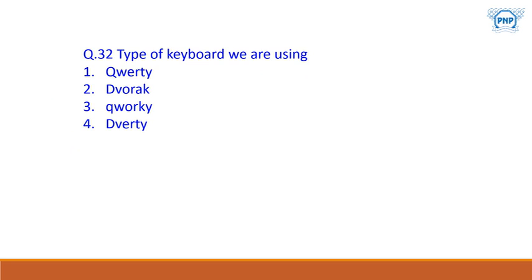Type of keyboard we are using. Don't look at these options, just remember, or if you have a keyboard at home, check the keyboard and check the alphabets. You will find the first letters Q, W, E, R, T, Y. Hence the answer is we use a QWERTY keyboard.